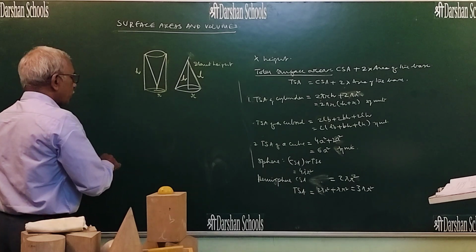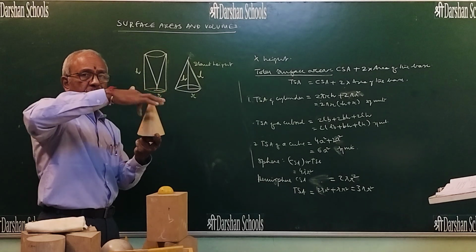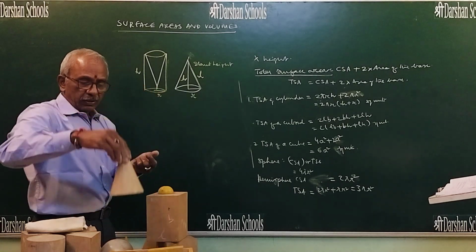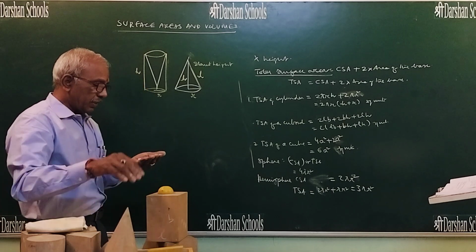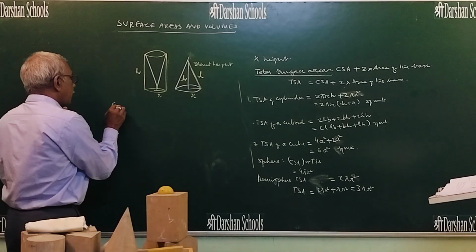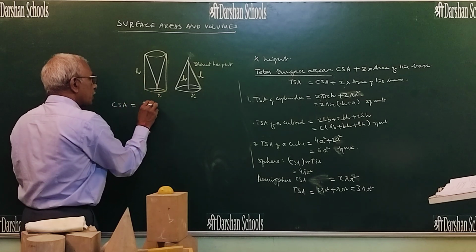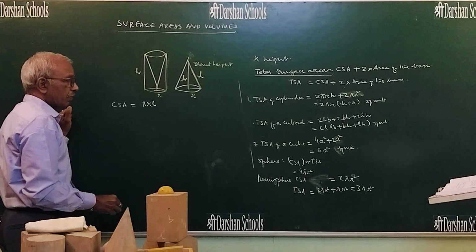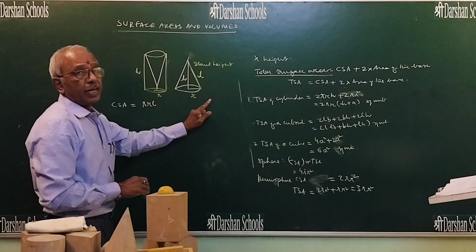Therefore here the curved surface area is this. This is a cone and this is the curved surface. And the curved surface area is given by pi r L. And what is L? Slant height. How do you get the slant height?